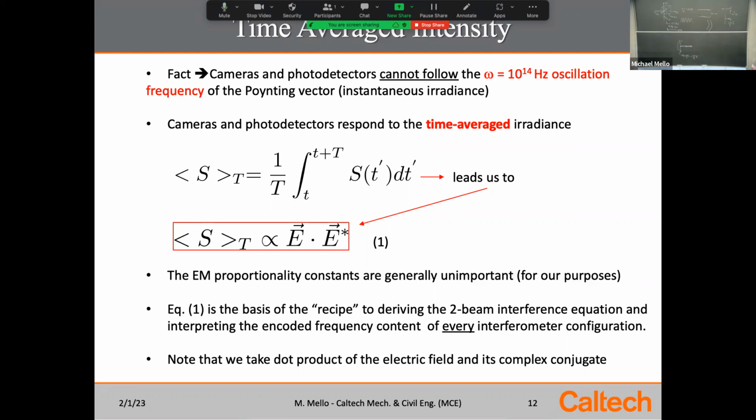It says, in the end, the time averaged Poynting vector gives this amazing recipe. We forget the proportionality constants, they're not important.